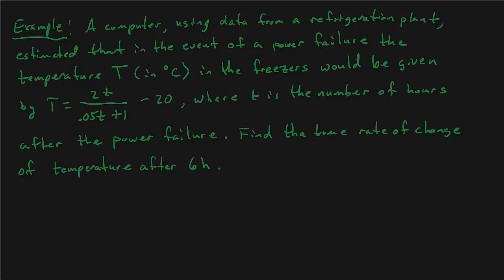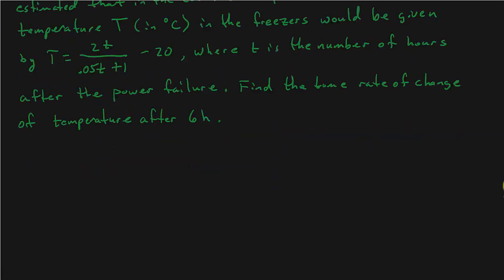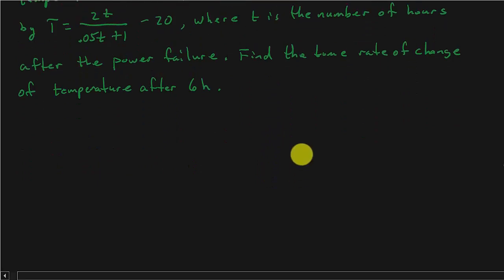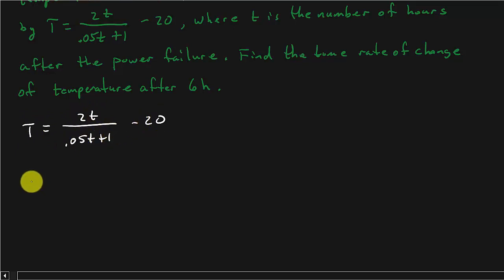Find the time rate of change of temperature after 6 hours. All right, so they're wanting us to find the rate of change, so we've got to find the derivative of capital T. So we've got T equals 2t over 0.05t plus 1 minus 20. For the derivative, here we have to use the quotient rule.